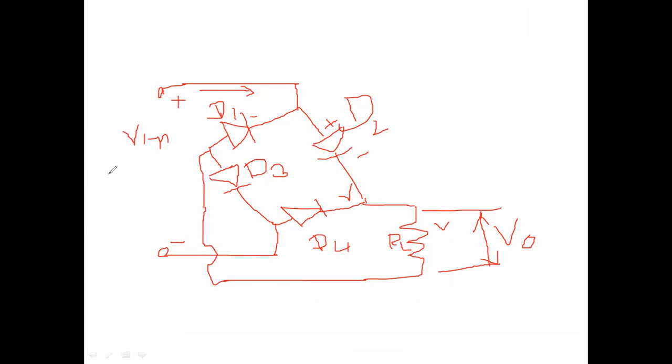When the negative half cycle is applied, it means the input terminal which was positive becomes negative, and the other becomes positive. So this terminal becomes negative and this terminal becomes positive.